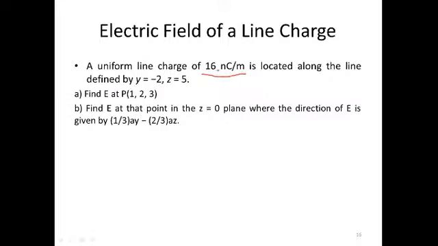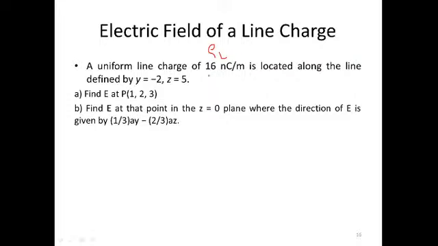Nano is just a multiplicand, 10 raised to the power minus 9. Coulomb is the unit, and coulombs is divided by meter, which is again another unit. So a charge magnitude, denoted by q, divided by the length L, gives the line charge density provided in this problem statement. Let us denote it by rho suffix L, either small l or capital L. You follow the same notation throughout your work.